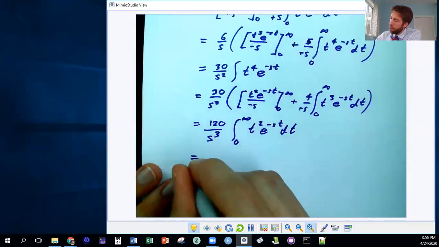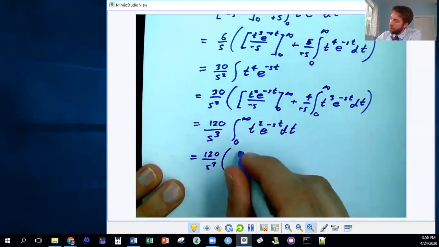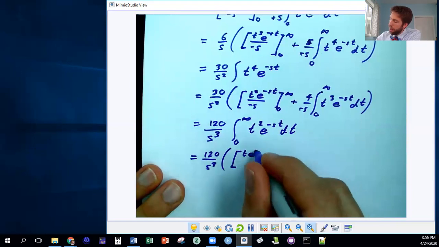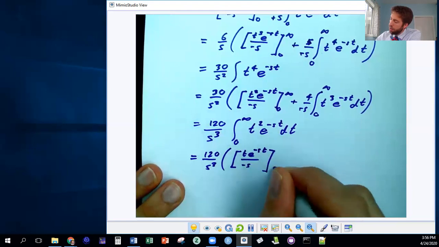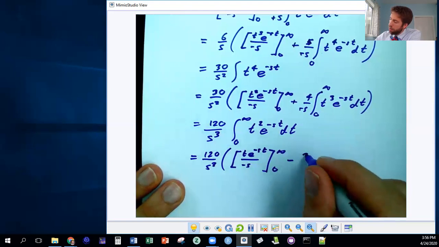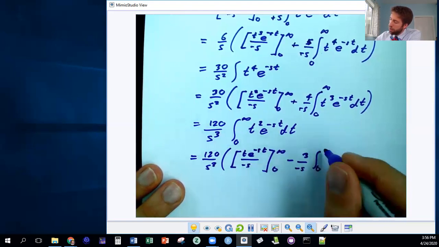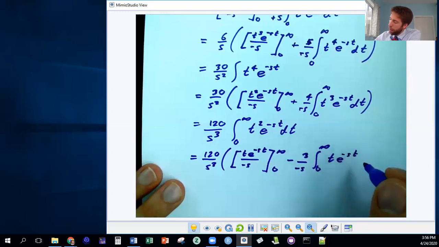Okay, so then this is 120 over s cubed times t e to the negative st over negative s, 0 to infinity, minus 3 over negative s, integral 0 to infinity, t e to the negative st.